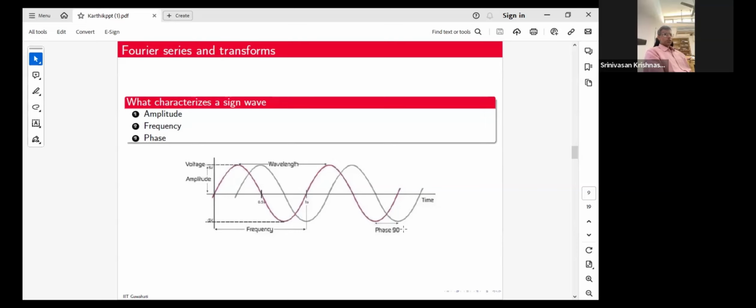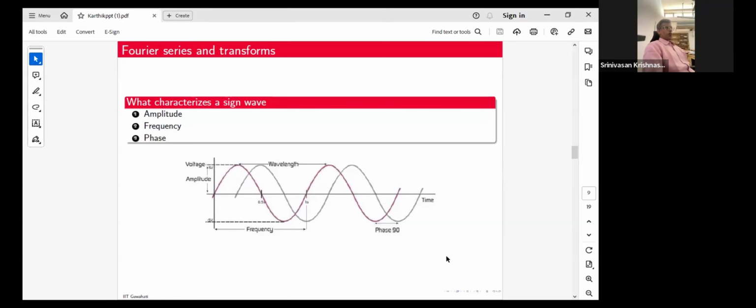So these three properties together define a sine wave. This becomes very important because when we are studying the frequency response of a system, we are essentially studying how the system responds to a sine wave.